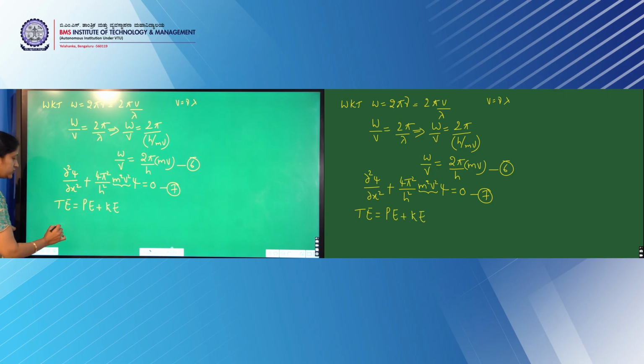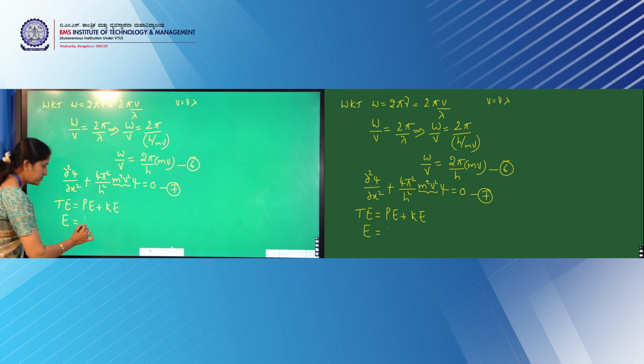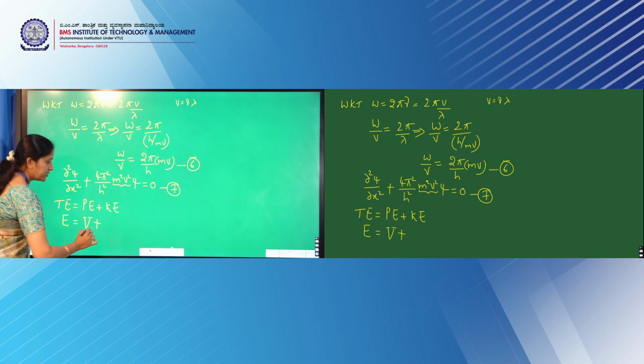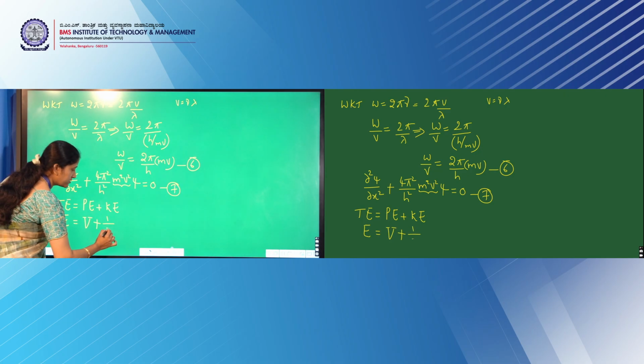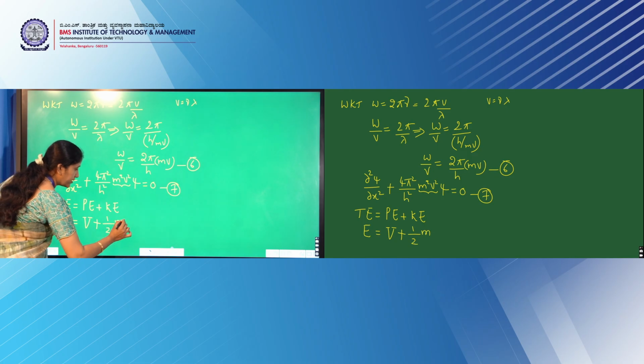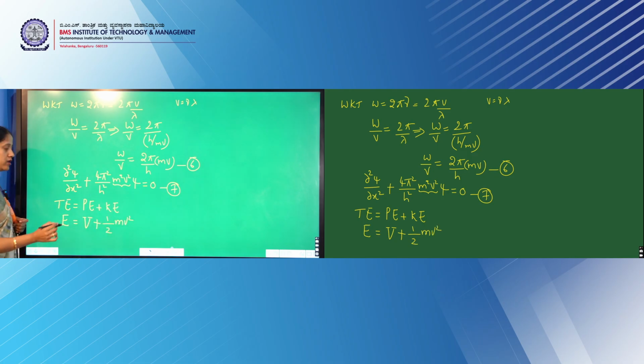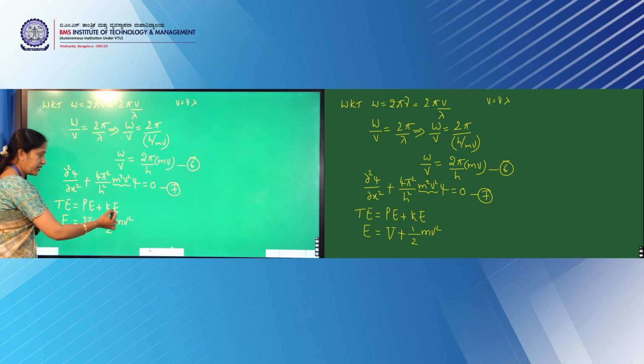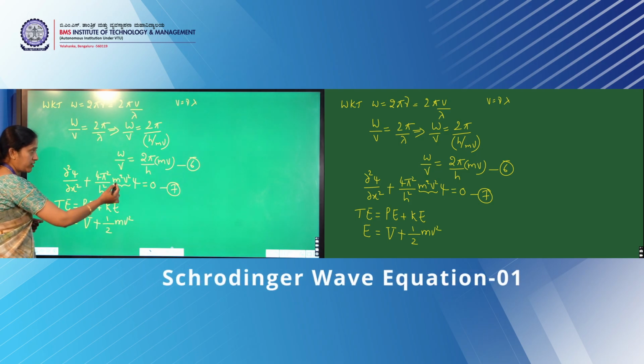The total energy, let me write as capital E, net energy of the particle, which is the sum of the potential energy capital V plus the kinetic energy, which can be written as half mv square. Now with the help of this kinetic energy, we can figure out the value of m square v square.